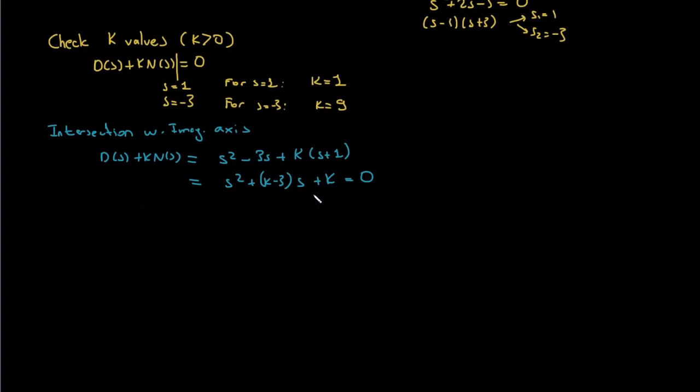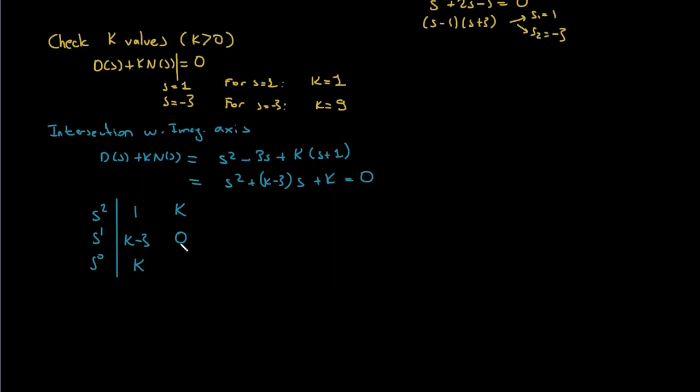By the way, you can explicitly find the roots of the second order equation, but let's enjoy the Routh-Hurwitz. I will start from the highest order term s squared, then s, and s to the power 0. The coefficient is 1, and for the s to the power 0 term it is k. The coefficient of the s term is k minus 3, and if you do these computations, the last term is going to be k over here.